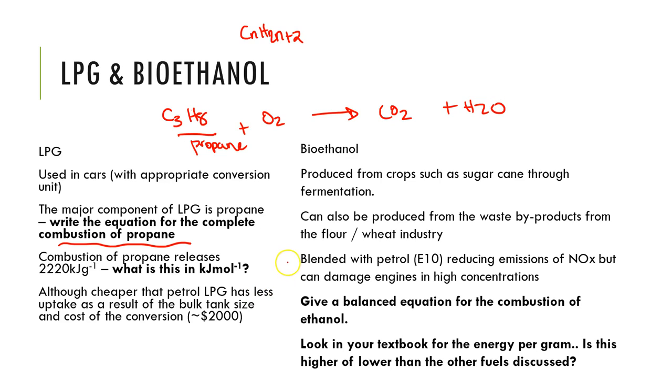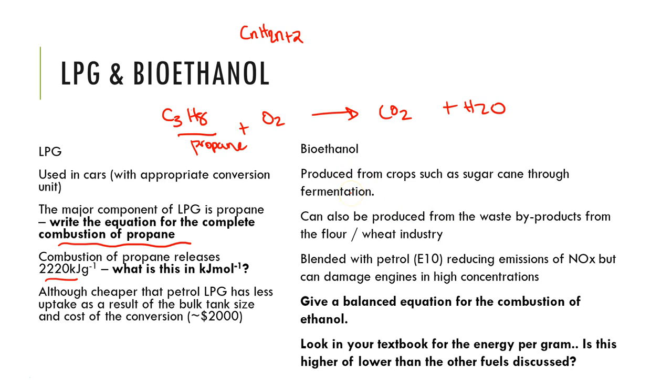Now it just needs to be balanced. And don't forget states. LPG tends to be cheaper, but you do need a large tank in order to get the same amount of distance out of the car, because you're not going to be getting as much energy from the LPG as you will from petrodiesel.